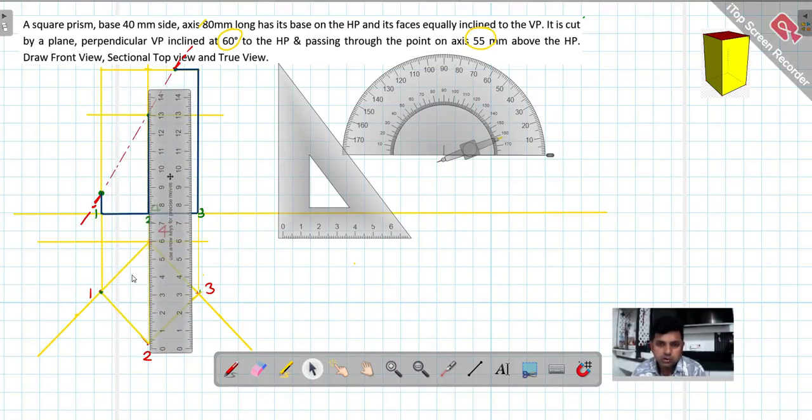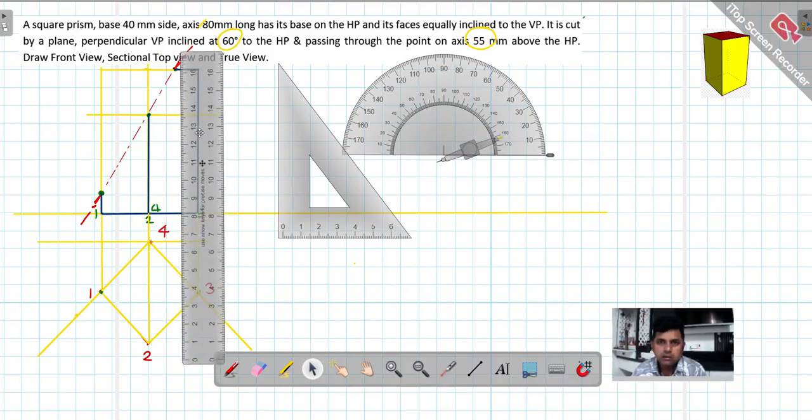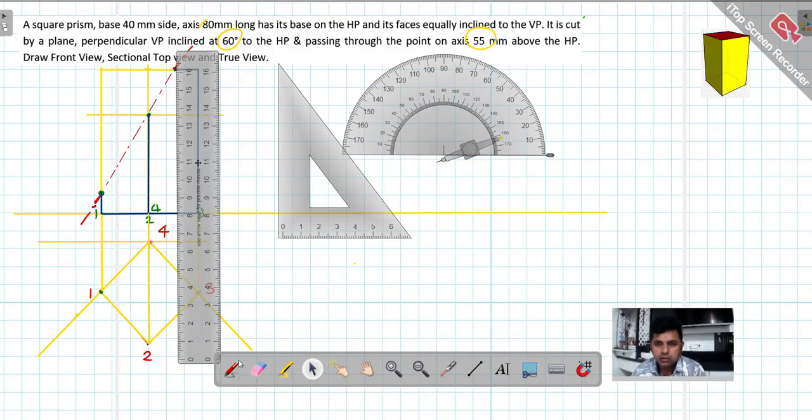So I already drew this line. You can see this is the line up to this point. Then one more cutting is there. See this point, so I'm taking it down from here.